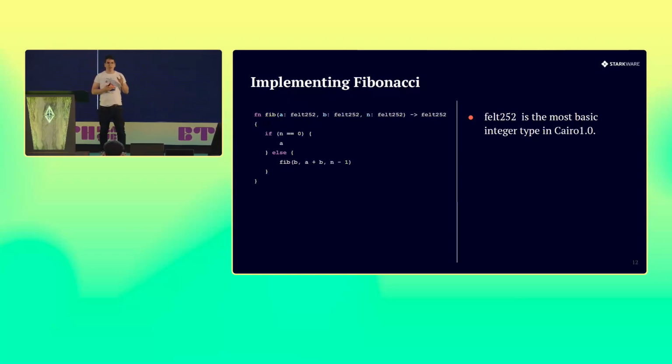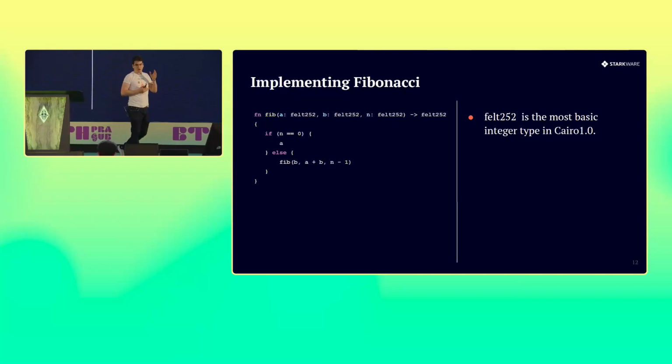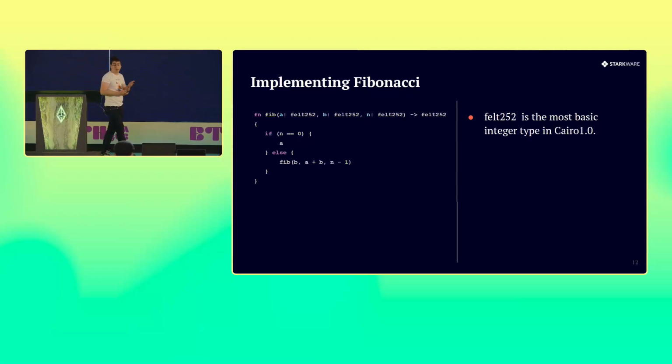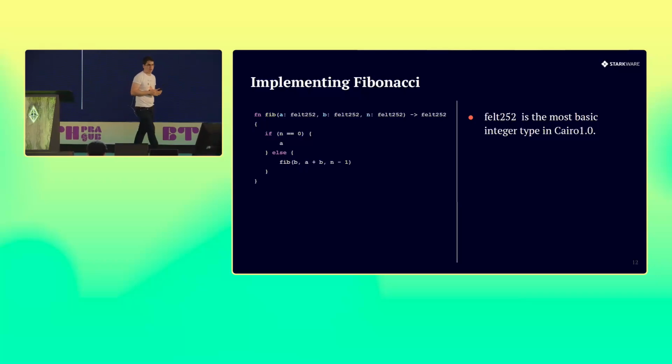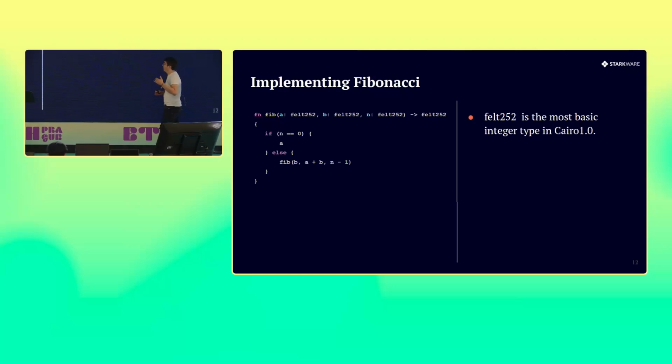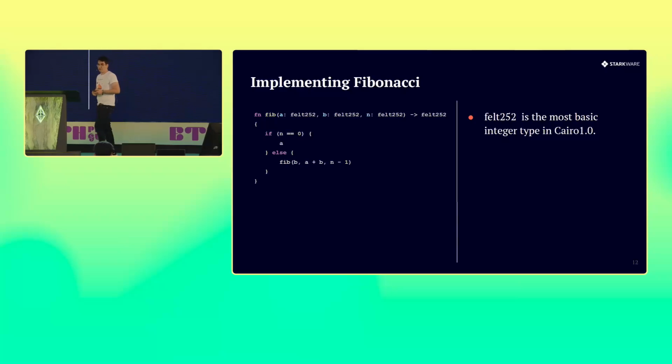Well, felt252 is shortcut for field element with roughly 252 bits. The prover technology underneath Cairo uses elements of finite fields, in this case of size roughly 252 bits. We don't want you as a developer to be exposed a lot to the underlying technology of proving when you are writing code, but you should be familiar with the felt252.